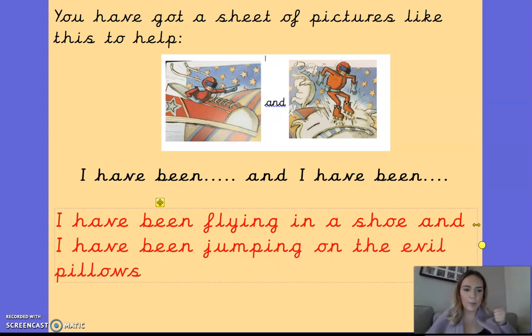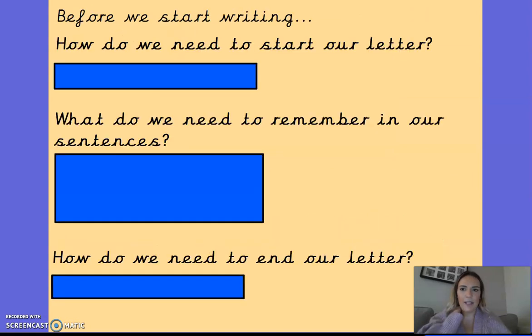And then I need that all important full stop at the end of my sentence. Then I'm going to check, have I made it a compound sentence correctly? I have been flying in a shoe. Does that make sense on its own? Yes, it does. I have been jumping on the evil pillows. Does that make sense on its own? Yes, it does. So I am expecting your sentences to look something like that.